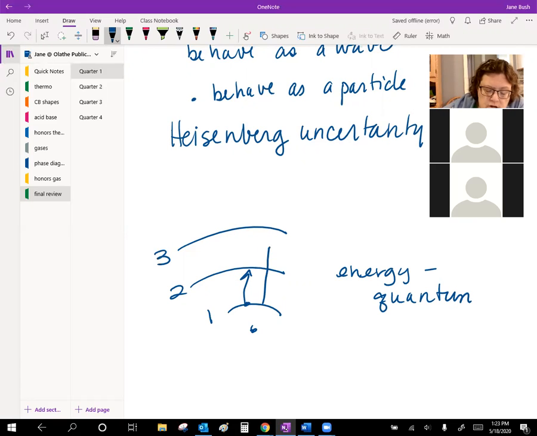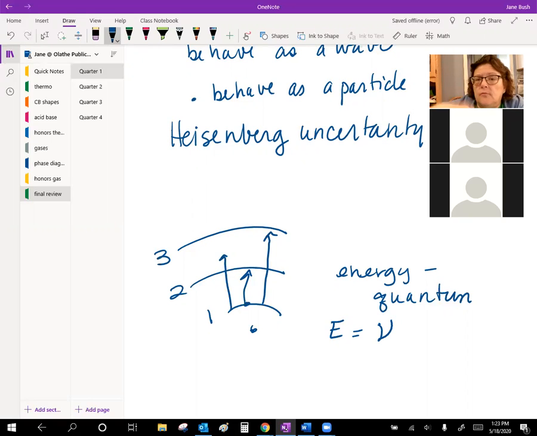It's going to take more energy to go from 1 to 3 than it does from 1 to 2. But it's not going to ever go 1 to 2.5. It has to land on the energy level. If it doesn't land on the energy level, it doesn't go anywhere. It stays put, okay?